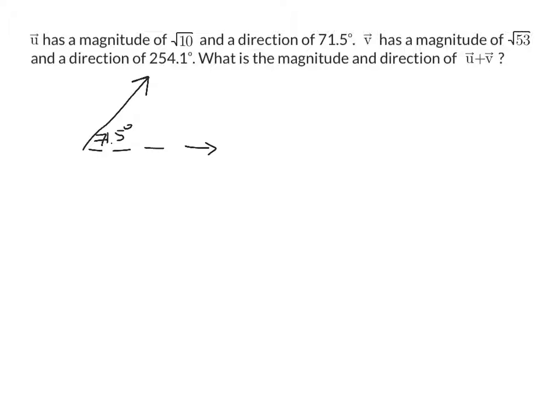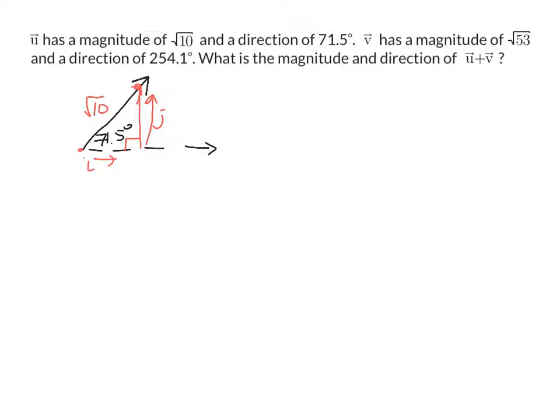And I'll drop my altitude down to create my right triangle. And I know that the length from the initial point to the ending point here is square root of 10 units. And I'll say that this right here is our vector i going that way, and then this is j going up.